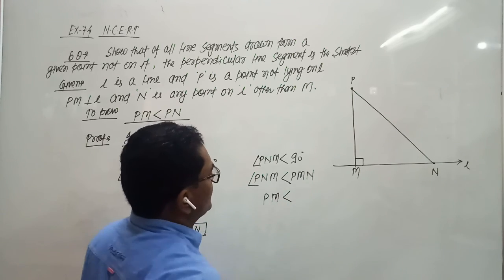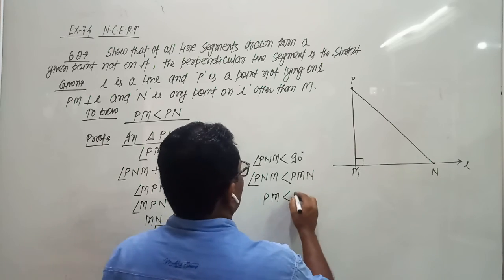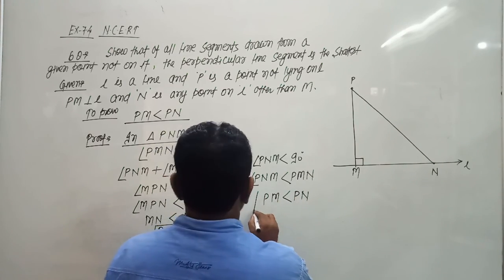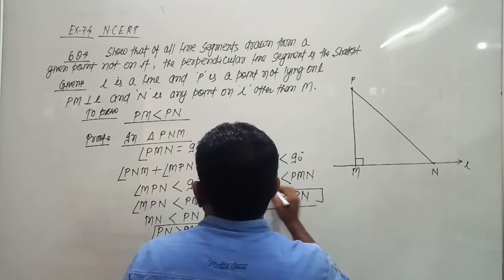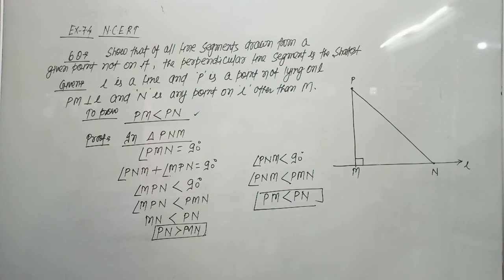So PM is less than PN. So we prove this result. So this chapter has been finished.